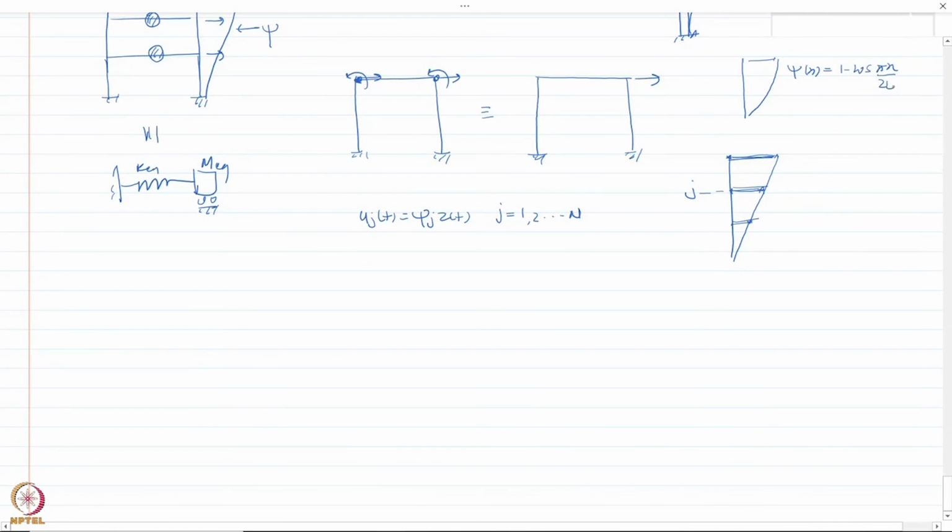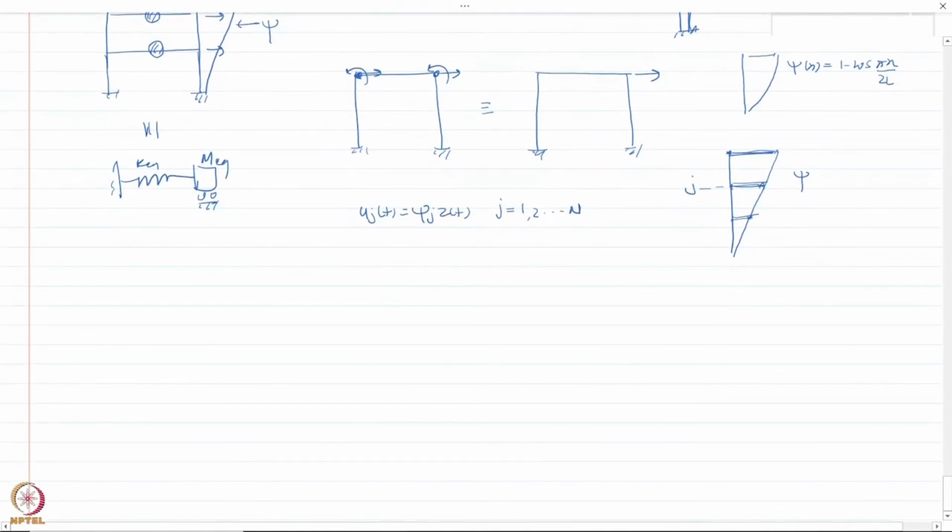In this case, I am going to represent a shape vector. Let us say, if it's a straight line, I would say this is 1, this is 2 by 3, this is 1 by 3. So phi, I can write it as 1 by 3, 2 by 3, and 1, something like that.